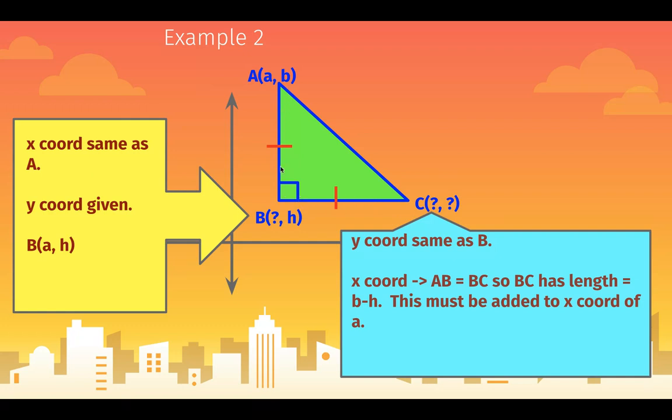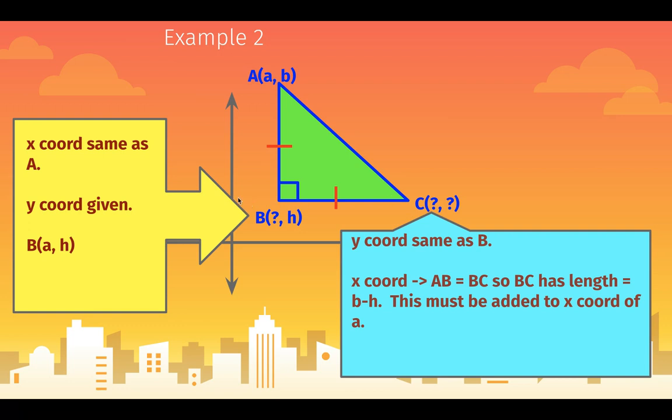Well, how long is AB? It extends vertically up, so it looks like the length of this should be b, little b, but it's not, because it's little b minus little h. That's how long this segment is. So this segment has to have the same length. It must be b minus h.